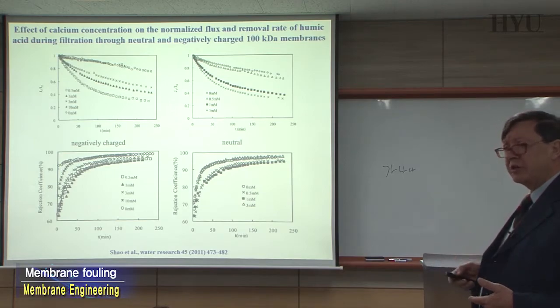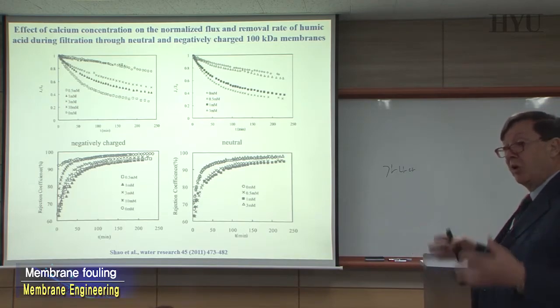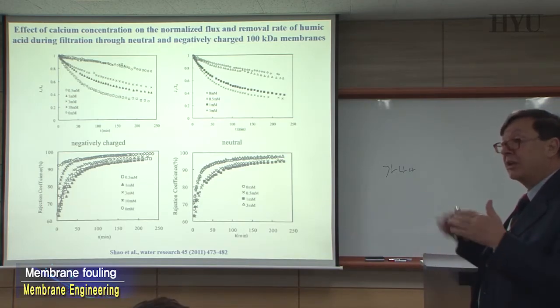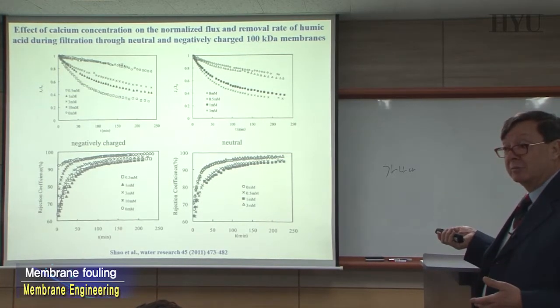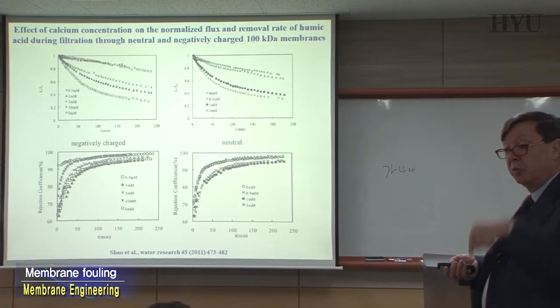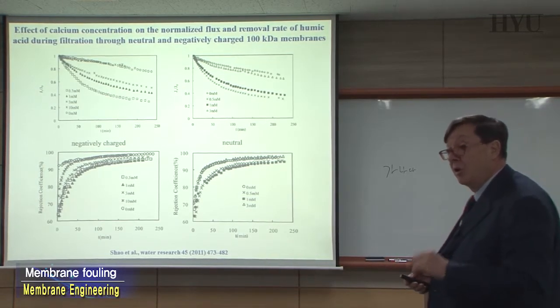This is ultrafiltration experiments, big pores, where only protein or big molecules will be blocked, eventually creating layers, etc. If I put in some calcium, small molecules are supposed to go through the membranes with no effect on the transmembrane flux. It's not the case.